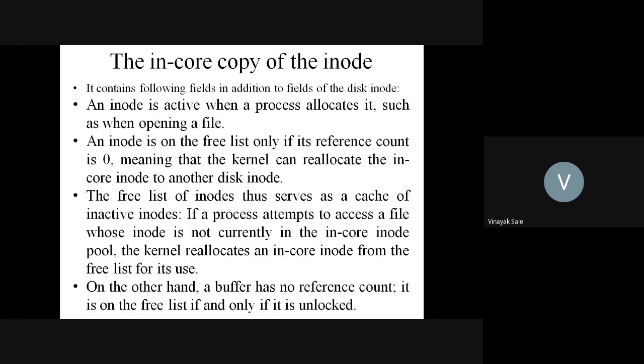If the reference count of an inode is 0, then it is free, that is, the kernel can reallocate the in-core inode to another disk inode. Just as a free buffer is allocated to a process, as we saw in the previous chapter, a free inode is reallocated by the kernel to a process. The free list of inodes thus serves as a cache of inactive inodes.